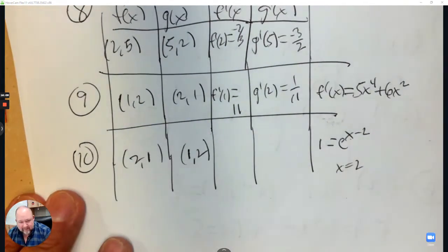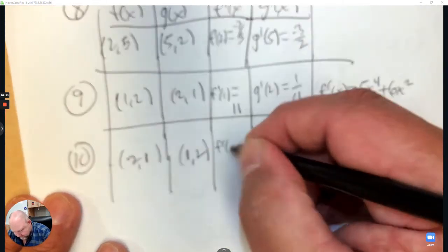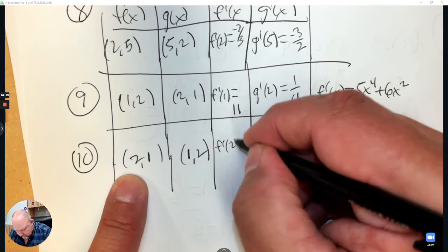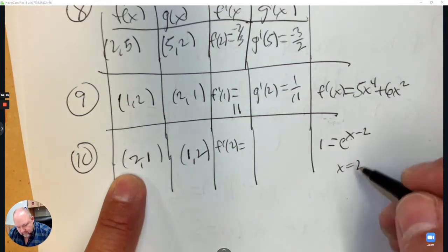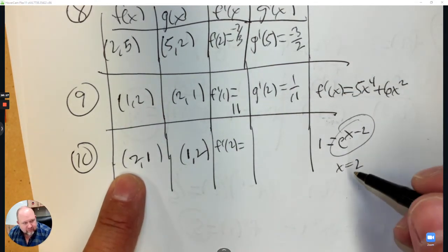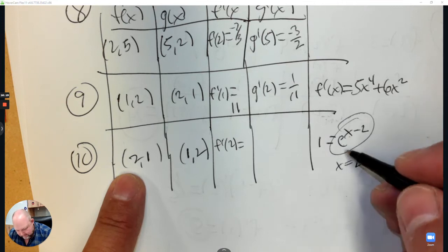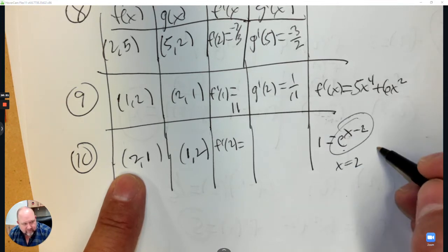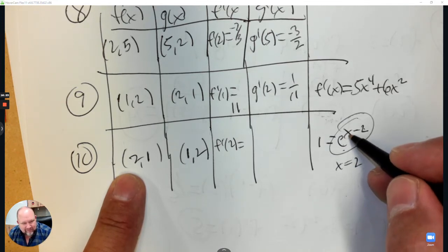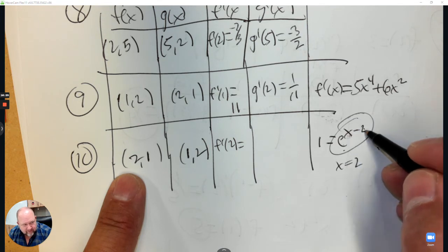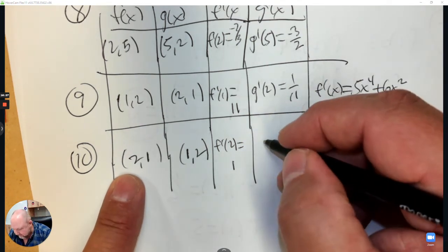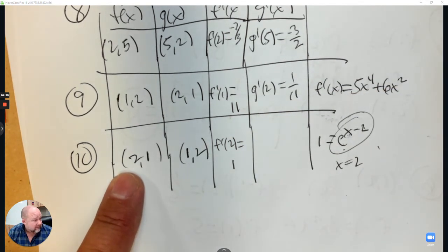And so I fill that in. The derivative at 2: the derivative of e to the x minus 2 is the same, e to the x minus 2, there's no hook there. So when I plug in 2 take away 2, we get that answer. So that means the reciprocal is going to give you the same answer.